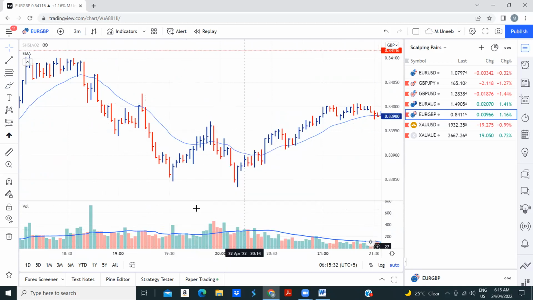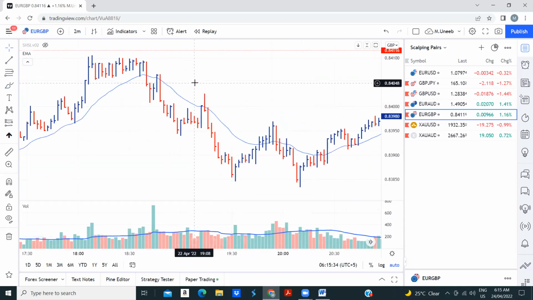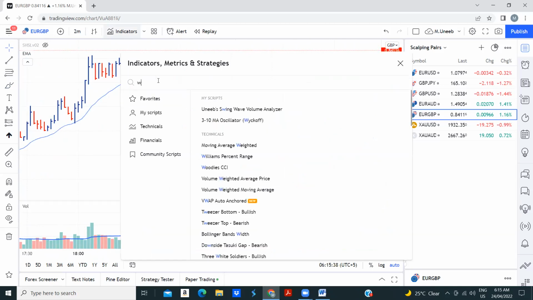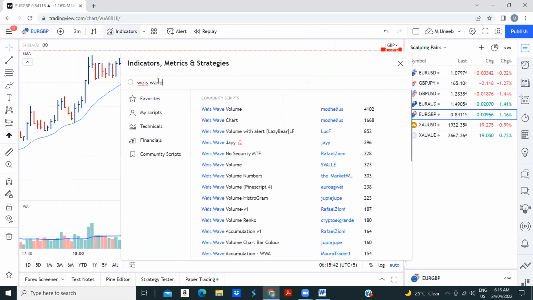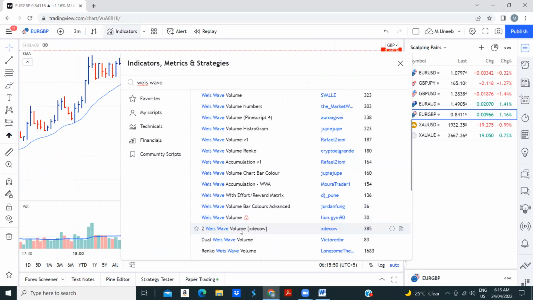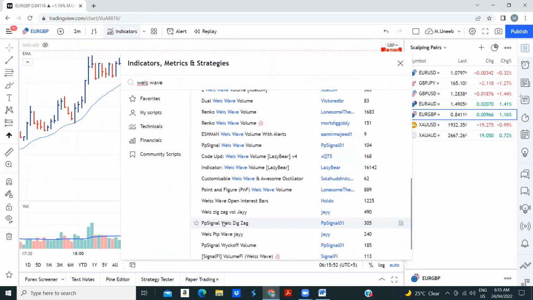If you are unable to identify the up and down moves, we have an indicator here. We call it the Wyckoff wave. It will help you identify the volume of impulsive and corrective waves. This is another indicator which we will use in our strategy.